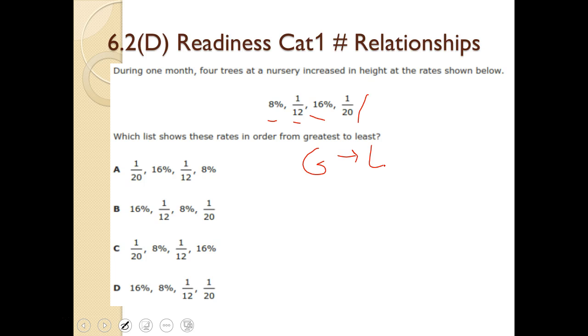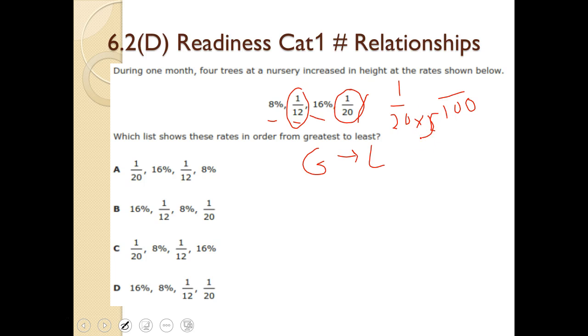Okay, now here is how I would go about doing this problem. For me, it's easier to just take my fractions and either turn them into a percent, or to take your percents and change them into a fraction. Let's just go with percents because I know how to very quickly change 1/20 to become a percent out of 100.